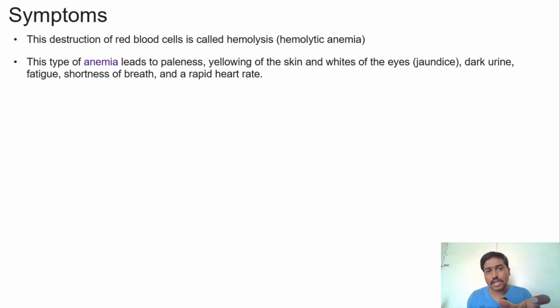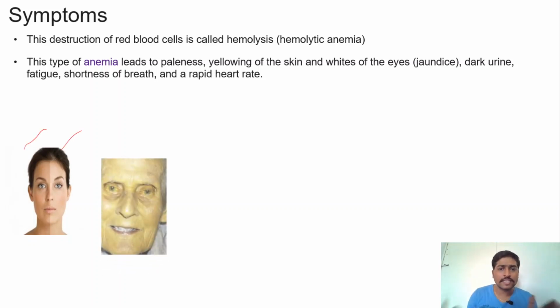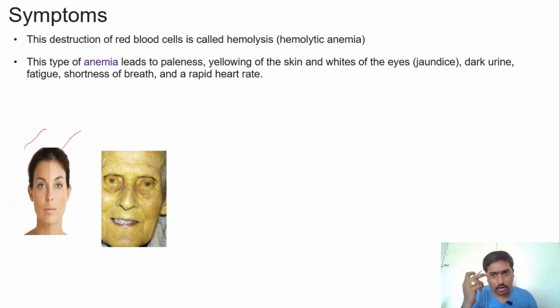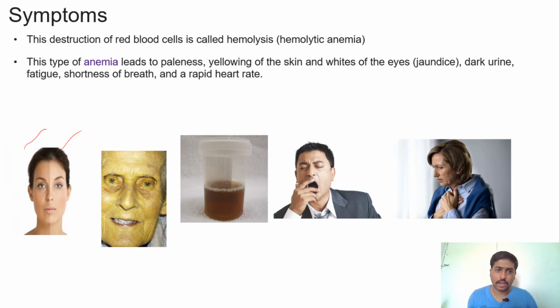So the first is paleness. You can see the difference between a normal face and paleness of the skin. Then yellowing of the skin and the white of the eyes. You can see the yellowing here, which we call jaundice. Then darkening of urine, fatigue, which is feeling lethargic or lazy all the time, and shortness of breath as well as rapid heart rate can be called symptoms of this anemia.